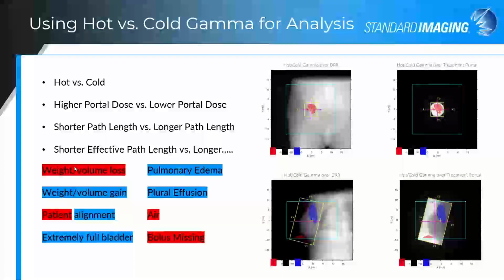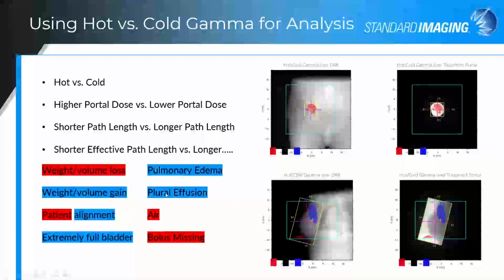So with these types of cases, we're going to look for basically a weight loss or weight volume, or potentially alignment, because alignment can essentially go either way. If you misalign the patient slightly, you could get a hot signal if the beam passes through less material, or you could get a cold signal if it passes through more material. Same thing with weight or volume gain. You're going to expect to see kind of blue results.